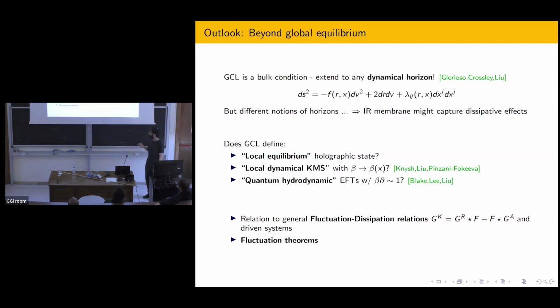And the idea is that this can also be extended to regimes where derivatives are of the order of the temperature itself, so in these quantum hydrodynamic theories. Beyond that, we also want to understand whether there's any relation to more general fluctuation-dissipation relations, which hold, for example, when we have driven systems, and more general fluctuation theorems beyond near equilibrium states.